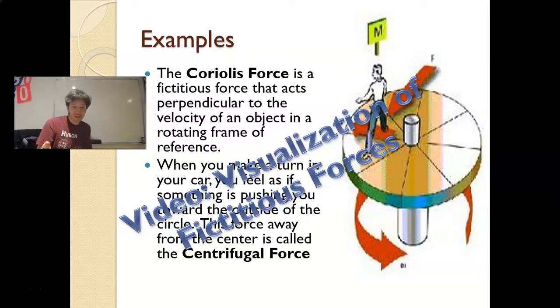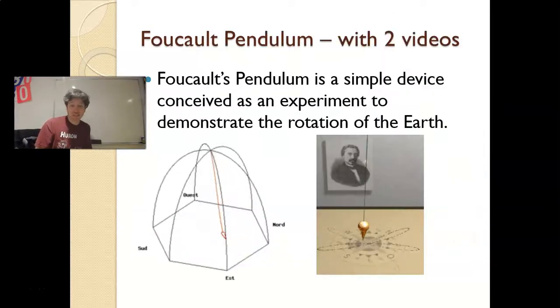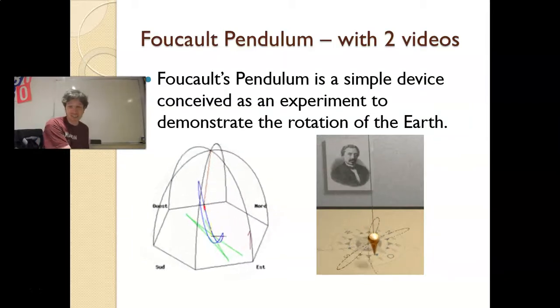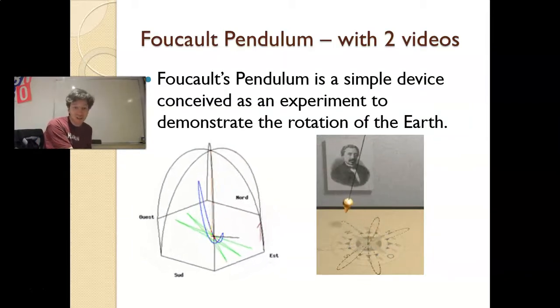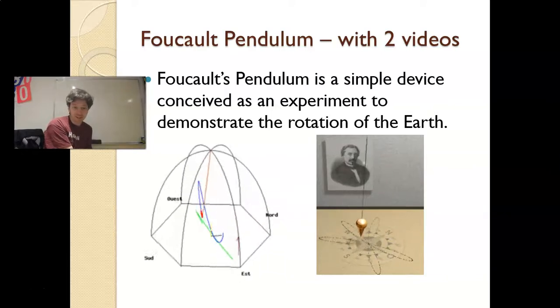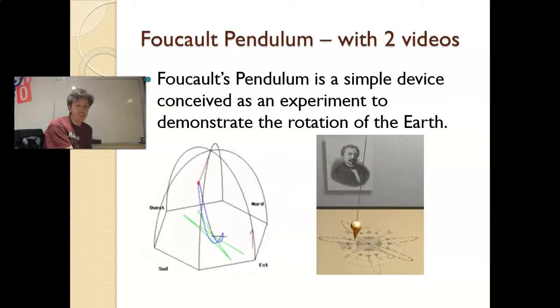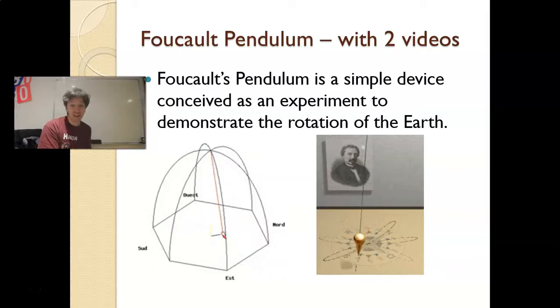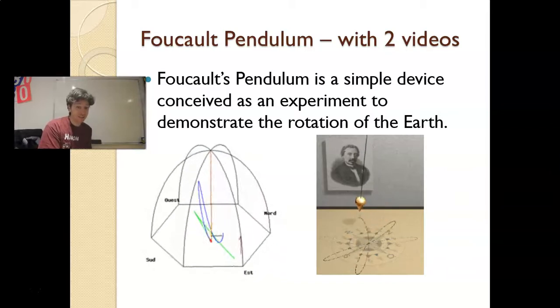And I'm going to post a video alongside this, which I found on YouTube, which is a good visualization of these circular fictitious forces. But another example, this is the last one I'm going to mention, is called the Foucault Pendulum. You might have seen these in huge museums, right? They're huge pendulums, sometimes going up a couple of floors in length, and they just go back and forth, back and forth.